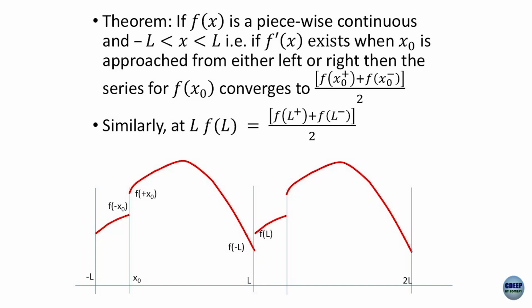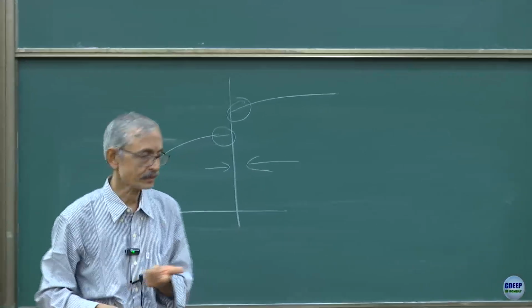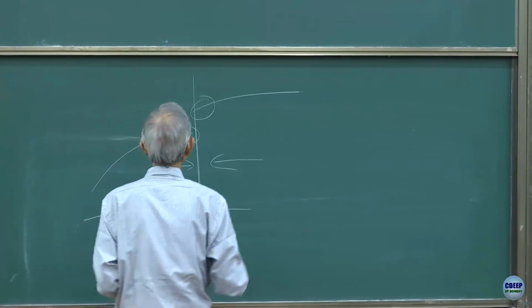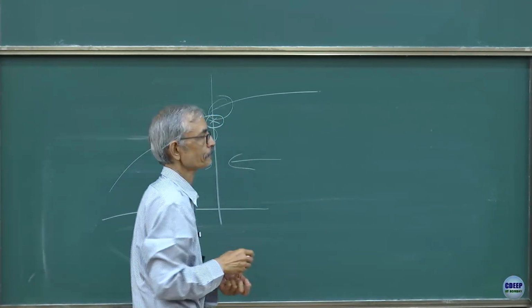So if you have got a piecewise continuous function, then the Fourier series is going to exist for such a function, and that is going to converge to the midpoint of the jump.